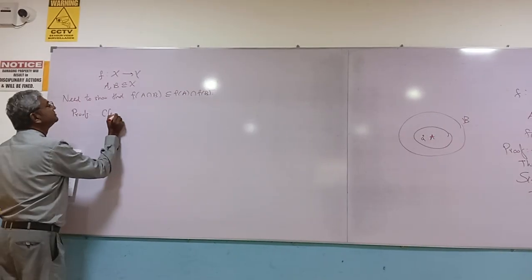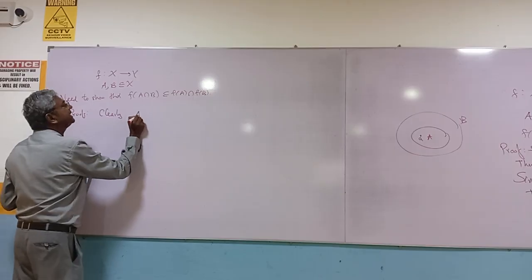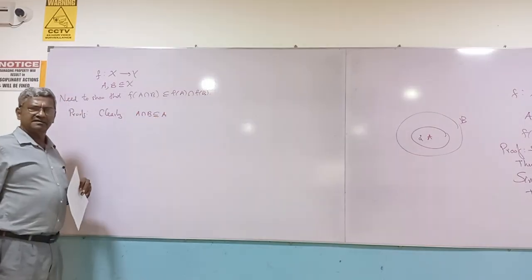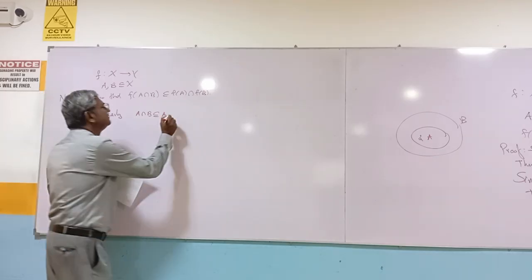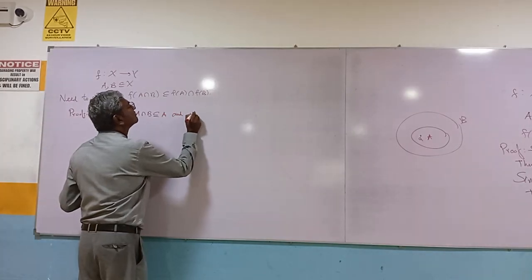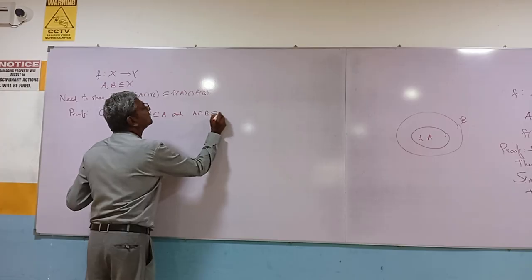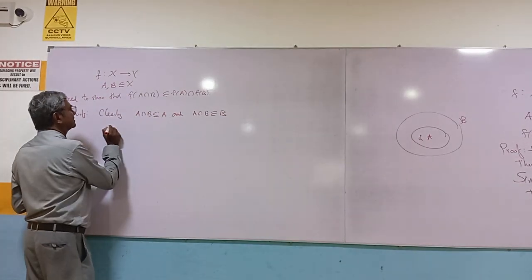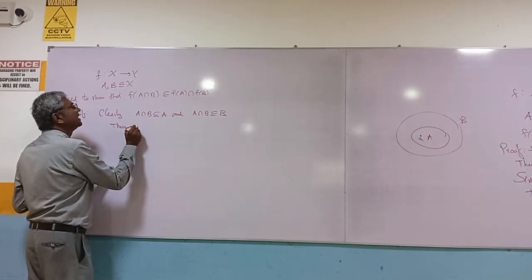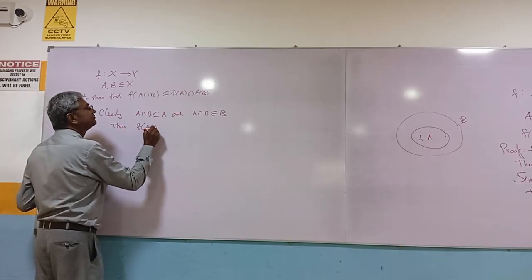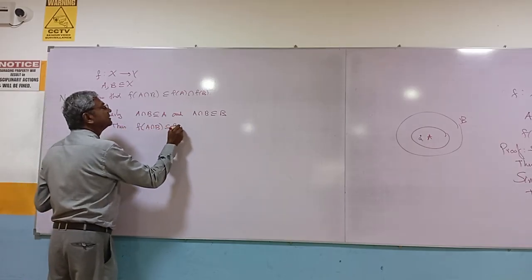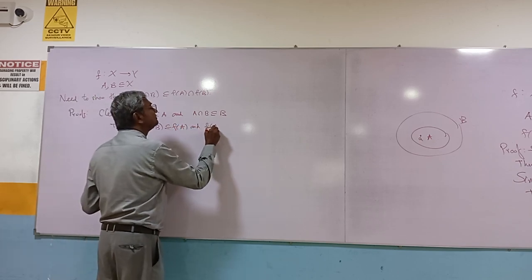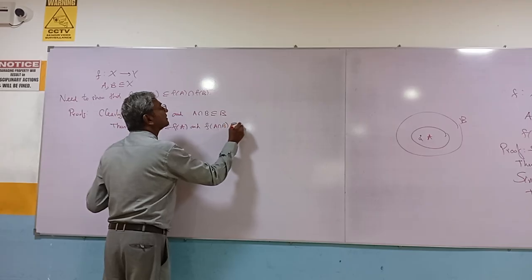Is it clear? I say A intersection B is a subset of A. Clear? And A intersection B is a subset of B. Thus, f of A intersection B is a subset of f(A), and f of A intersection B is a subset of f(B).